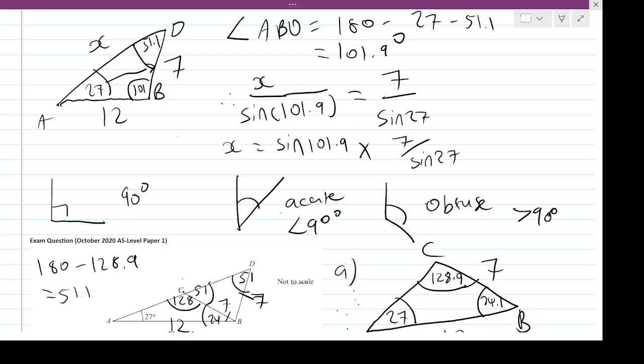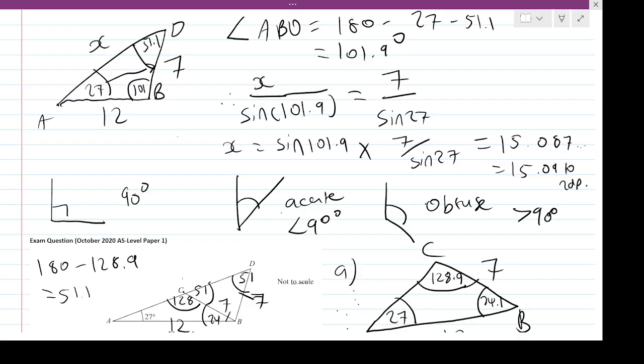If I do that on a calculator, sine 101.9 times 7 over sine 27, I get 15.087 dot dot dot, which is 15.09 to 2 decimal places.